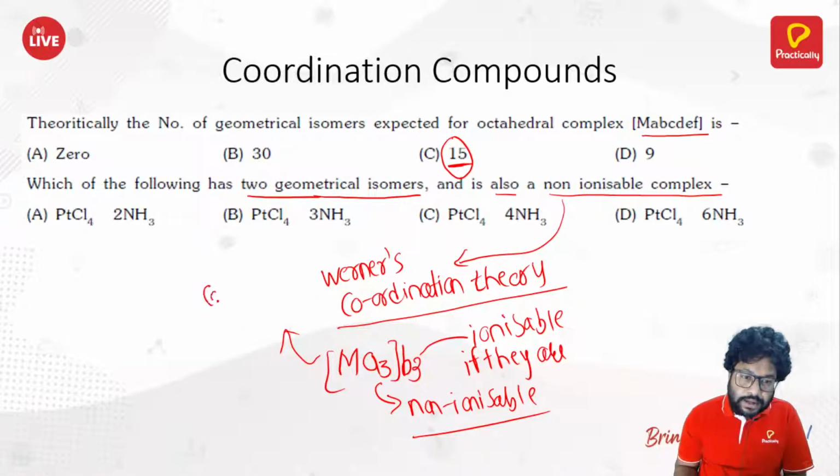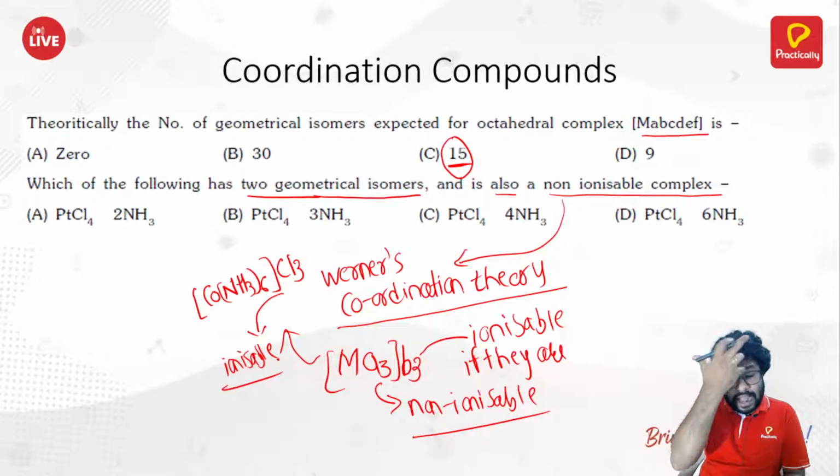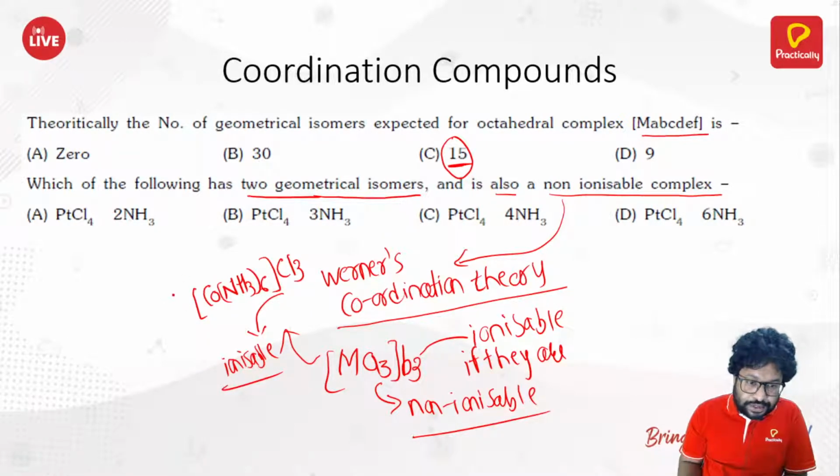See, the coordination number of cobalt is 6. So Co(NH3)6Cl3. If you talk about this compound, these 3 chlorines are ionizable.